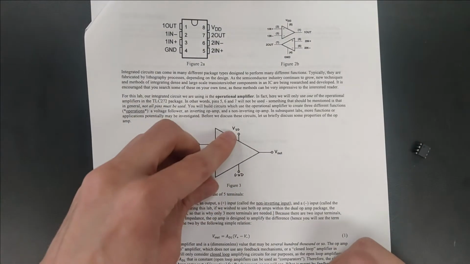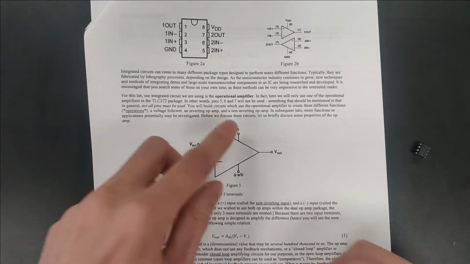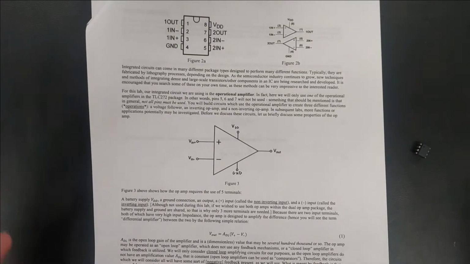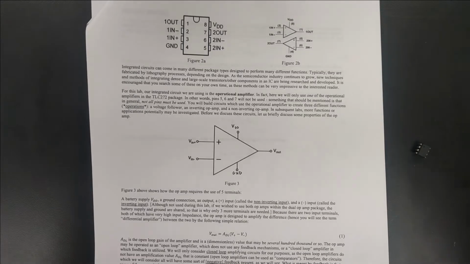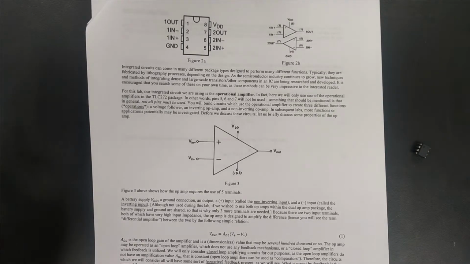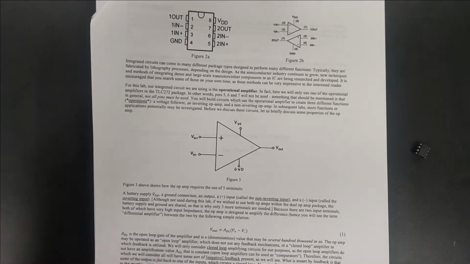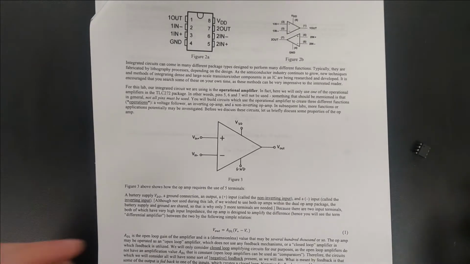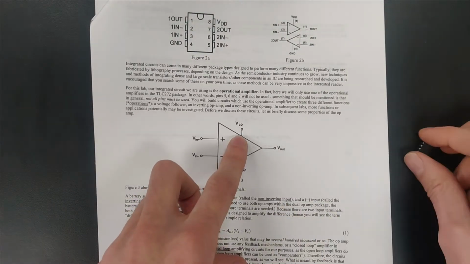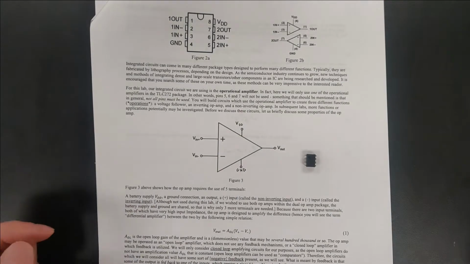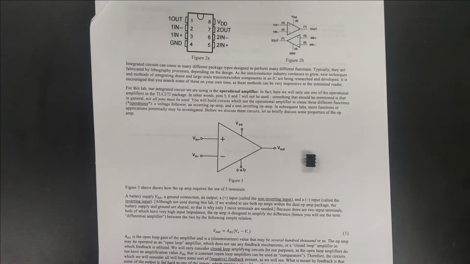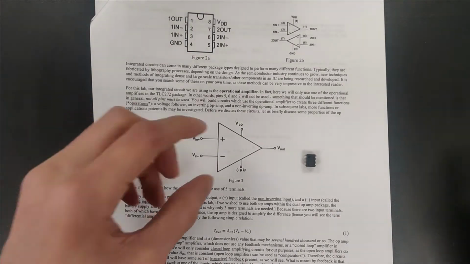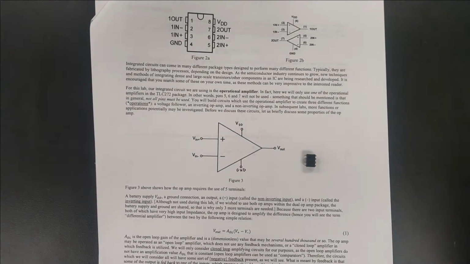The last 2 pins are VDD and our ground. So this is going to be connected to our power supply, and it's going to be specifying a window, or the rail as it's also referred to, that our signal can exist in. And this is heavily dependent on the component itself. So for the TLC 272, the allowed range of voltages that we can apply is 5 to 10 volts.